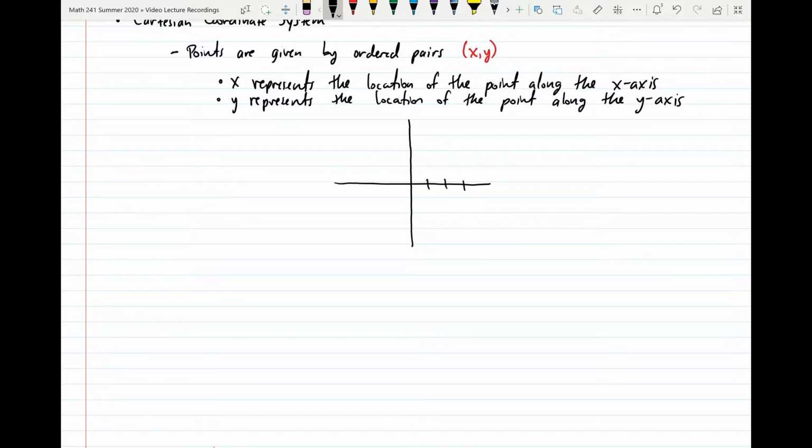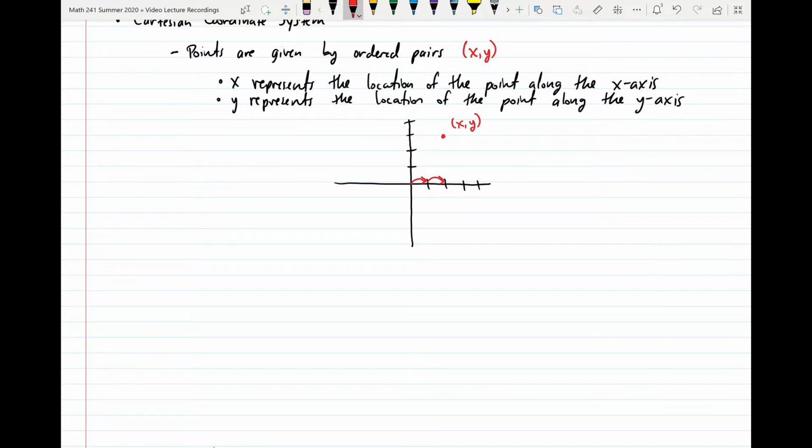So here we have a picture of the plane. Let's say we have a point here that's going to be called (x, y). It's represented by that ordered pair. Then to write down the ordered pair for this point, we count how many spaces we go to the right.